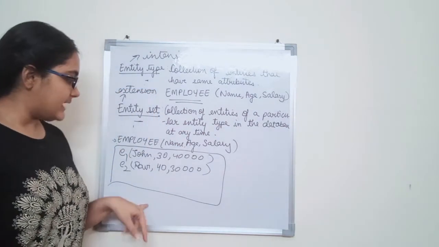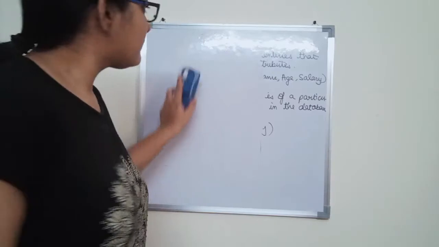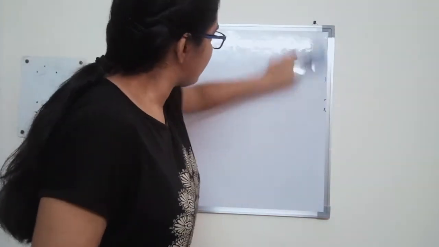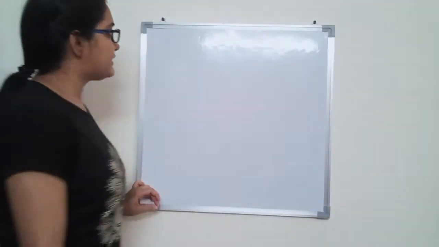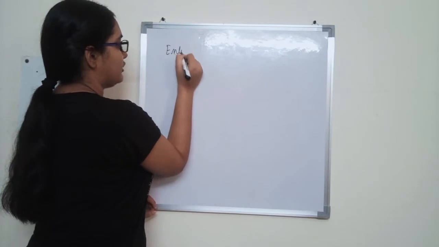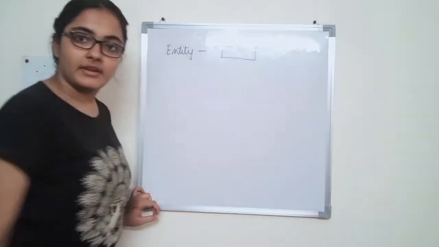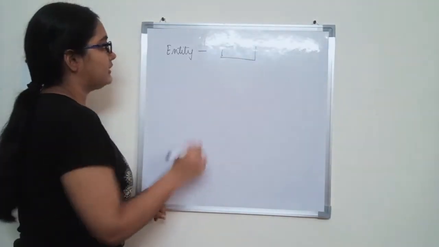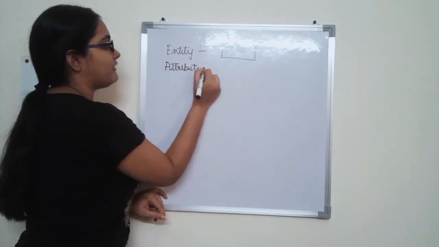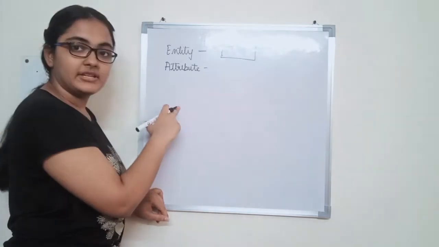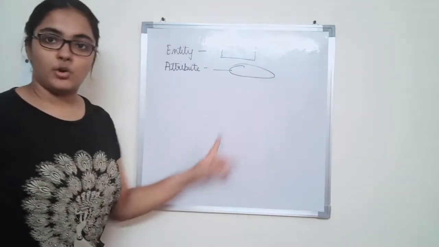Now we will see how to represent an entity in the ER model, in the ER diagram. An entity in the ER model is represented by a rectangular box like this. If I want to represent an attribute, what is an attribute? An attribute is the property of an entity. We studied that in the previous video. So an attribute is represented like an oval.